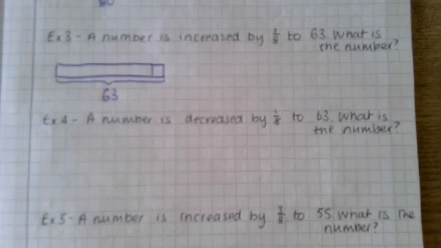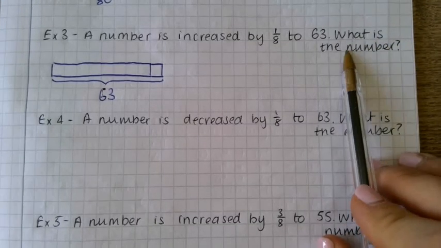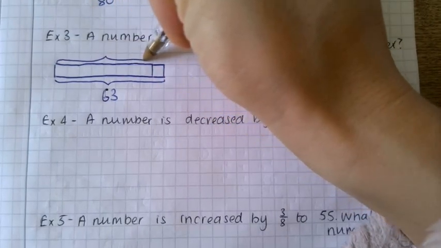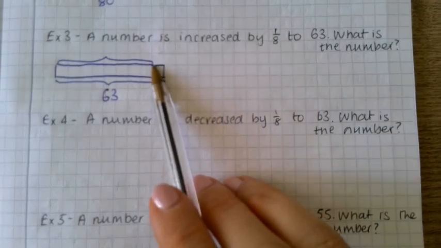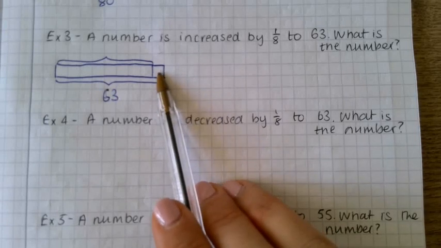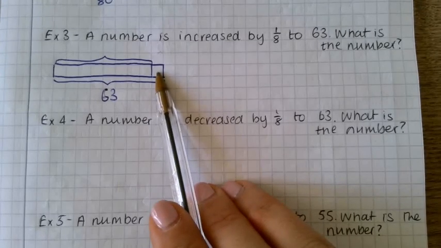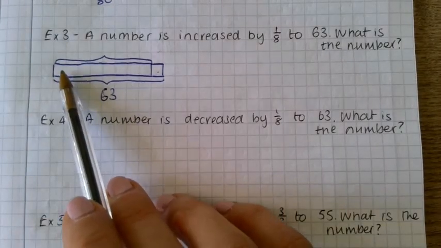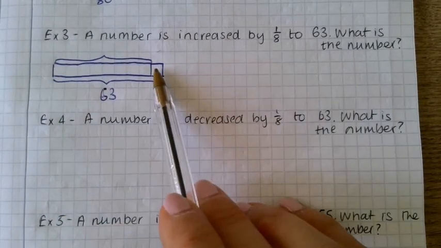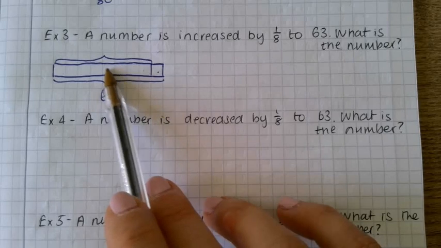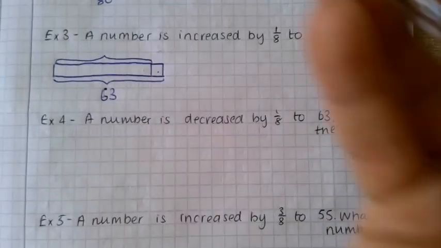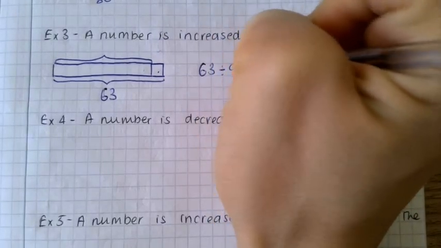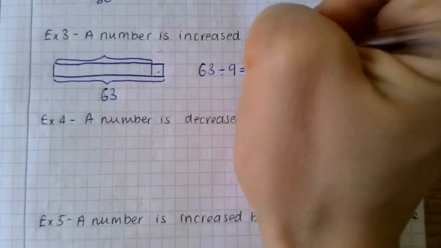And we want to find the original number, which is just this, without the extra 1/8 added on. So, to find one little square, I have to do 63 divided by 1, 2, 3, 4, 5, 6, 7, 8, 9. So 63 divided by 9 is 7.